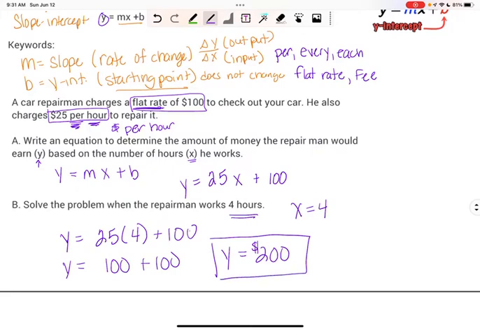Now, this can be done the opposite way also. If we're given a total, we can be given a value of y. Let's just say y equals 250. We can do the same thing and solve for x by just plugging in 250 for y equals 25x plus 100.